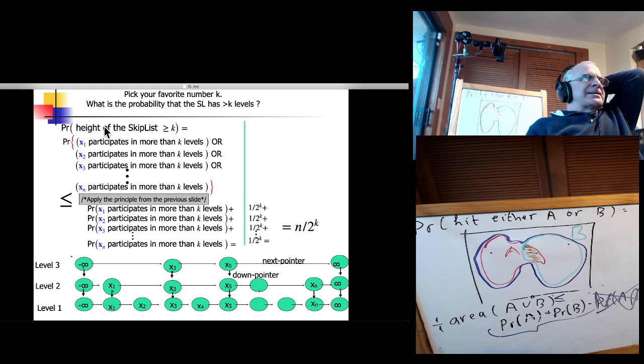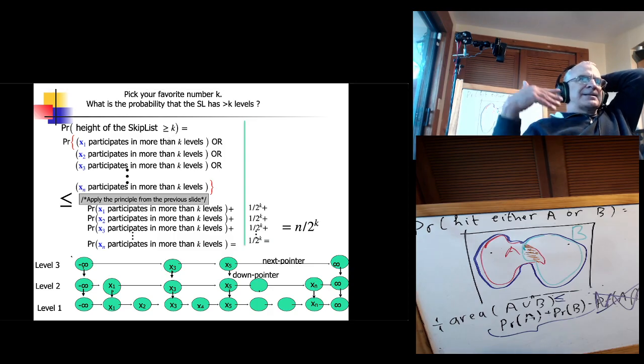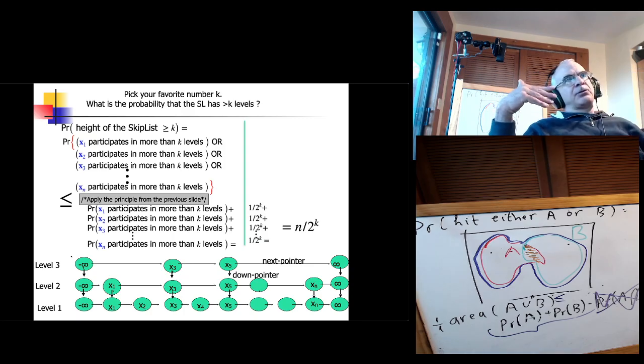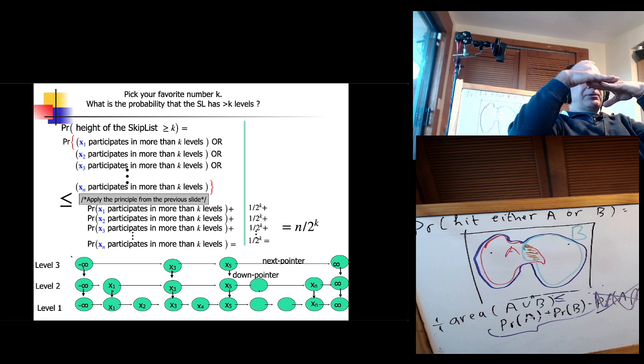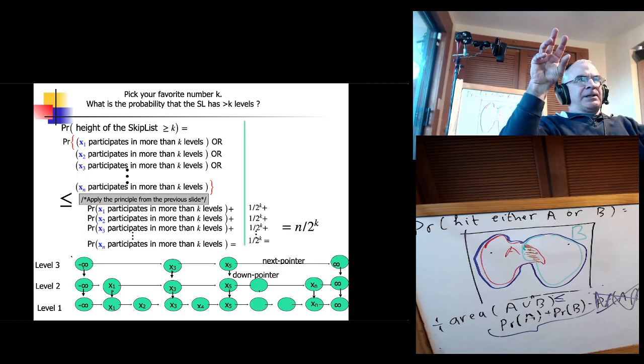How could it be that the height of the skip list is larger than or equal to k? So remember the code. To create the 17th level, some of the elements must participate in it. If you remember in the code of deletion, if you see that the topmost level is empty besides minus infinity and infinity, you're removing the topmost level.